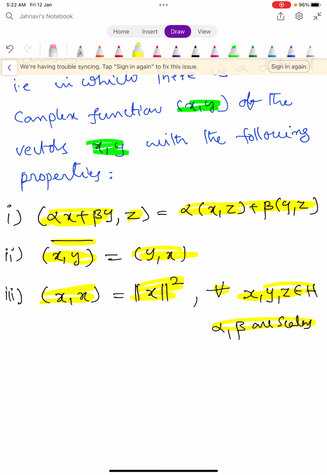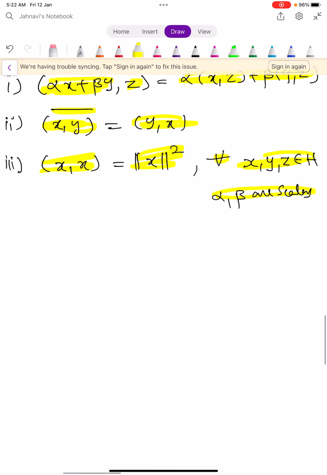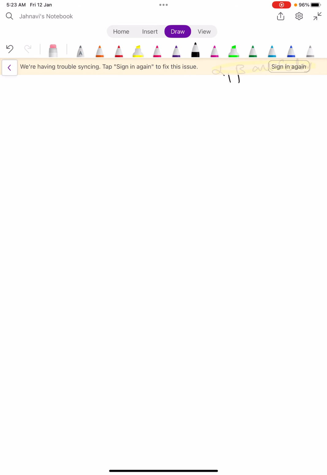Before concluding this class, we will learn a result and then conclude.